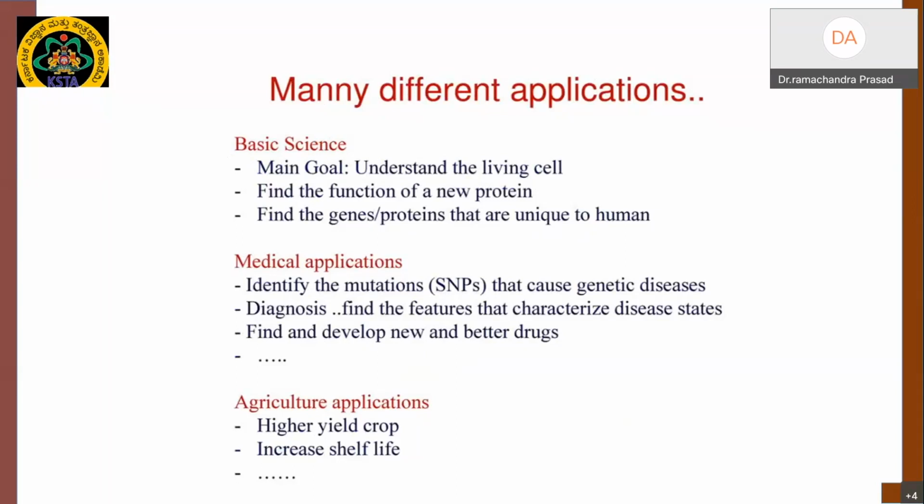For example, cancer. People are trying different ways, but we are still not able to come up with a successful medicine for cancer, tuberculosis, Alzheimer's disease, or many more diseases.